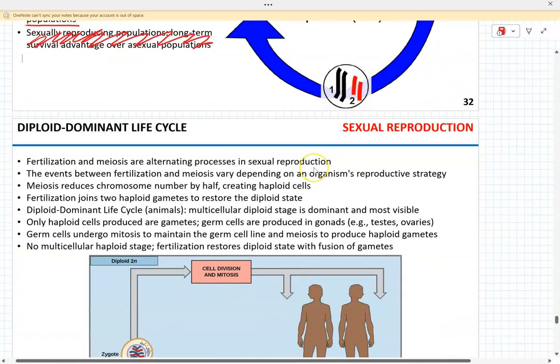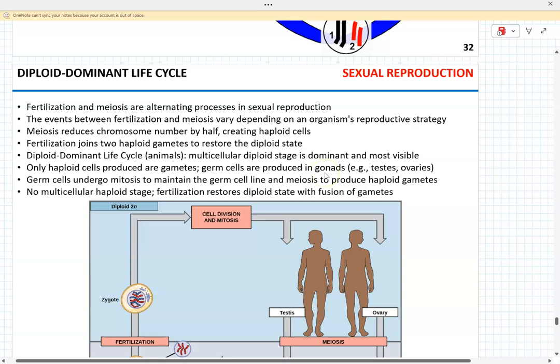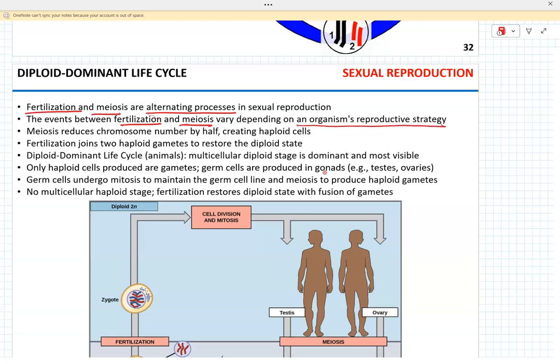So now we're going to talk about different life cycles that are characteristic for different groups of organisms. So first is diploid dominant life cycle. In this case, meiosis and fertilization are two alternating processes. The events between fertilization and meiosis may be different based on the reproductive strategy of the organism.